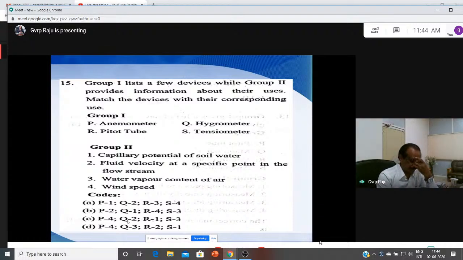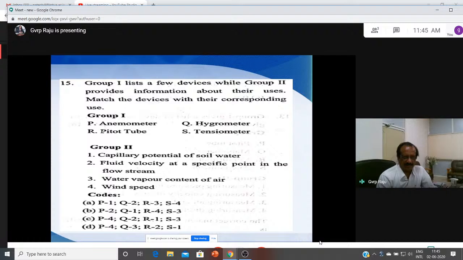So the other problem, 15. Group 1 lists a few devices while group 2 provides information about their uses. Match the devices with their corresponding use. First we start with the Pitot tube. The Pitot tube is for finding out fluid velocity.